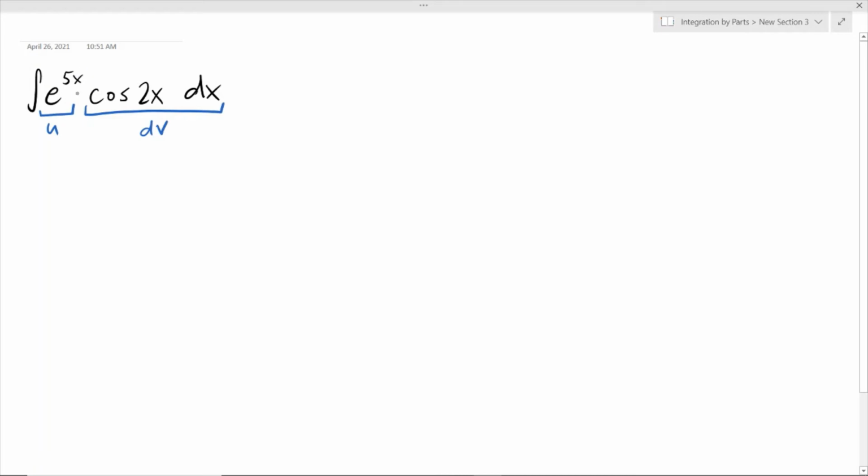So I'm just going to choose one of them. So u is going to be e to the exponent of 5x. And as mentioned before, our derivative is not simpler. It's basically 5 times e to the exponent of 5x. That's using the chain rule for finding the derivative. See, it's not really simpler. The du over dx is not simpler.